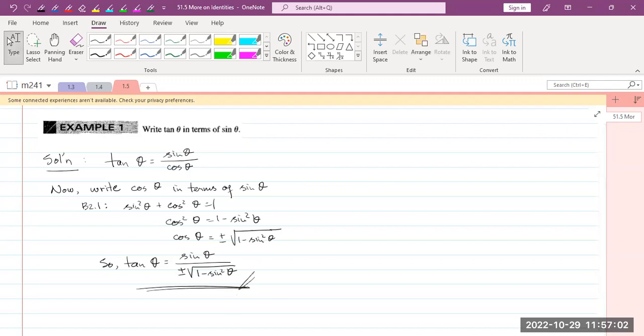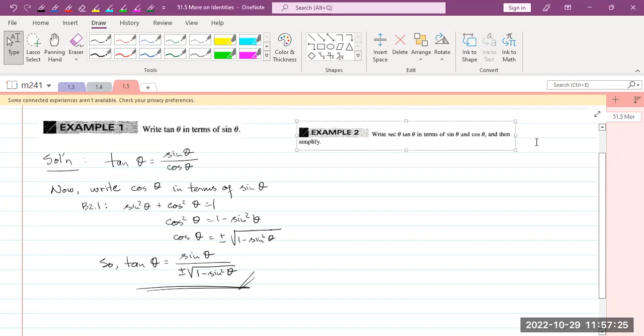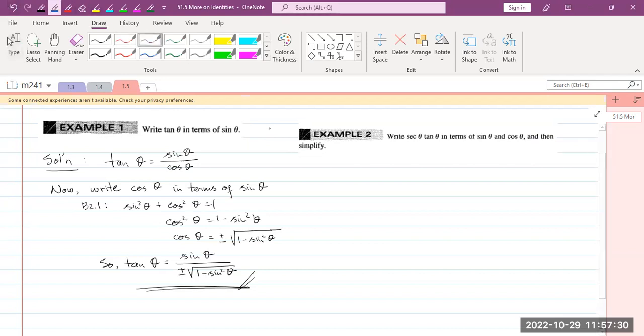Okay, that's for our example 1. Example 2. Write secant theta tangent theta in terms of sine and cosine, and then simplify. Solution.